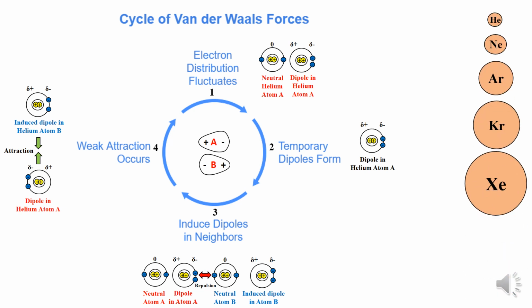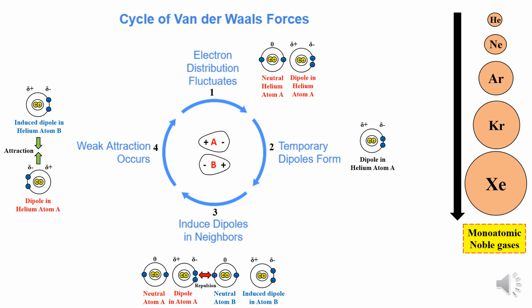Now noble gases are present in the last group in the periodic table of elements. They are monoatomic in nature. And as you go down the last group of the periodic table, that is in the monoatomic noble gases, you will find the size of the atom increases.